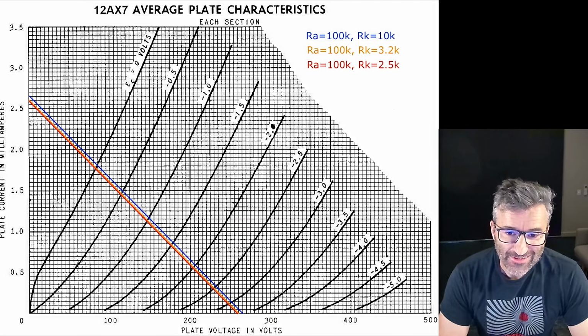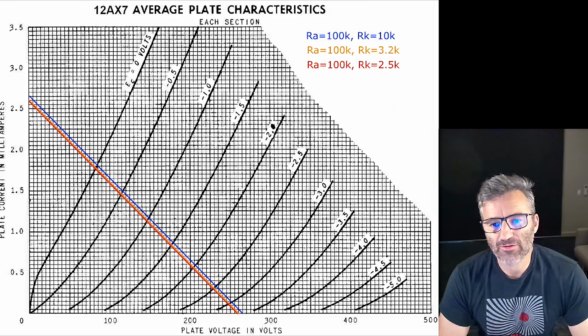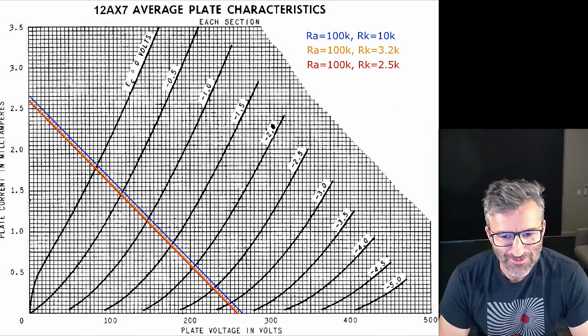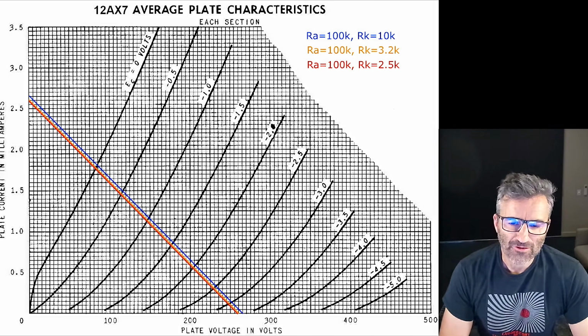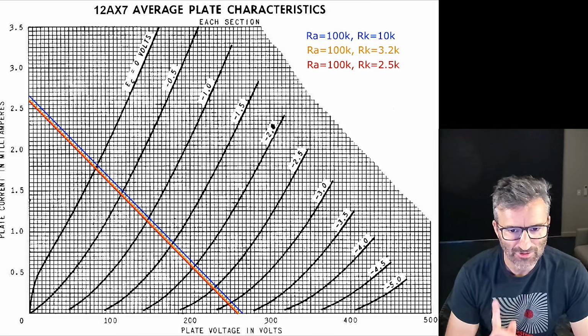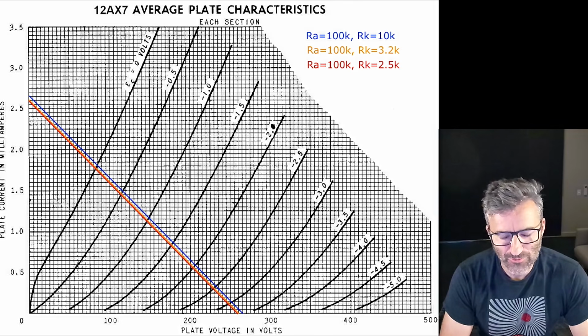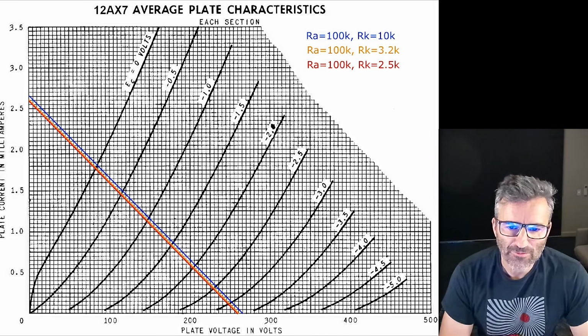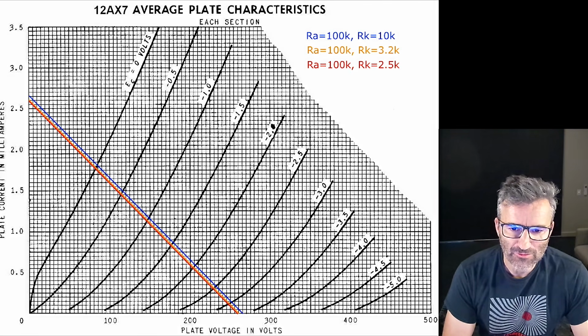So to explain what is going on with respect to these 3 different cathode values, we're going to have a look at the dreaded load lines. Now, if you're new to load lines or you're looking for a refresher, I do recommend having a look at the video I posted a few months back on drawing load lines for different plate value resistors.